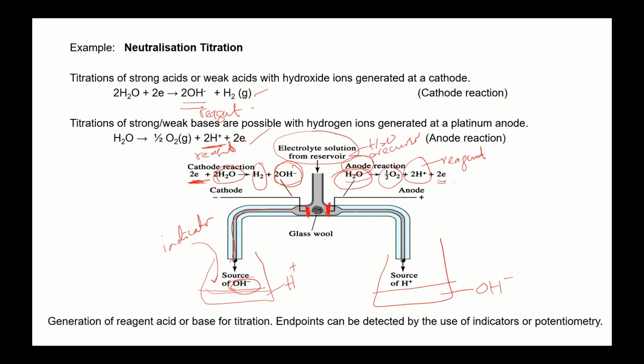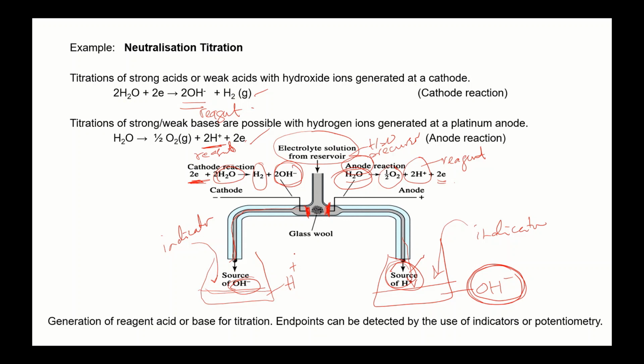So this is the reagent, acid. It will go into this solution provided that you put indicator, either color indicator or using potentiometry, to determine the endpoint. Okay, so this is the reagent in the form of acid to determine the analyte, hydroxide ion, in your test solution.